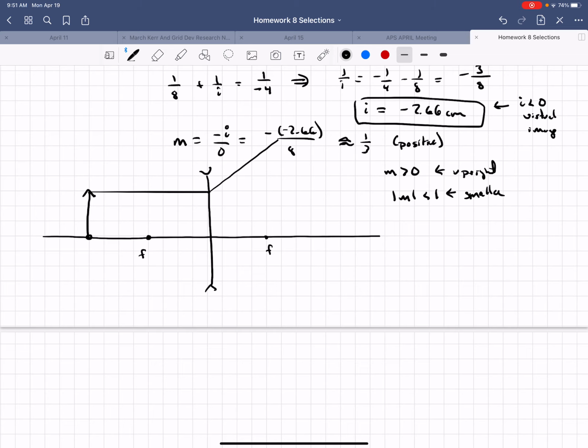I'm going to draw a line that goes off this way. So that's what the ray does. And I know I'm going to need to trace the outgoing ray backwards. So if I trace the outgoing ray backwards, that would be like that. So that outgoing ray is coming from the focal point, and I see that it is coming backwards in that fashion.